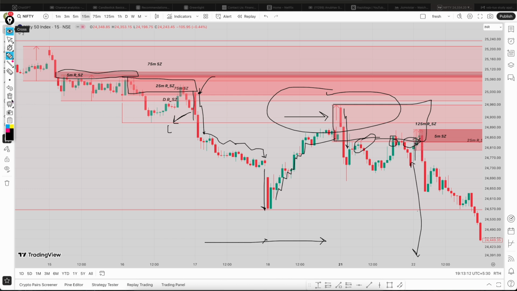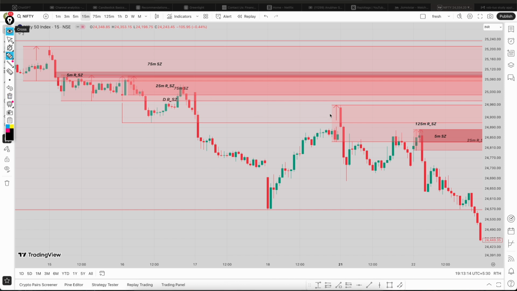Let me clear this first. Yeah, so this is my zone. We have marked it, the market went up, we entered somewhere here, and then we just followed and rode along with the flow of the institutions. This is the power of a real supply and demand zone.